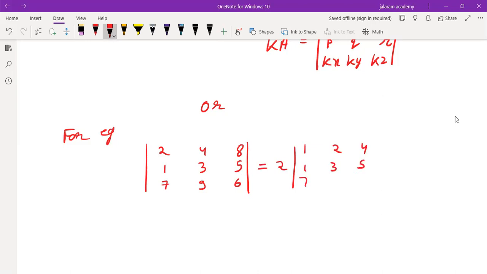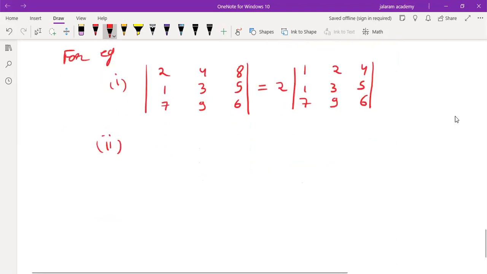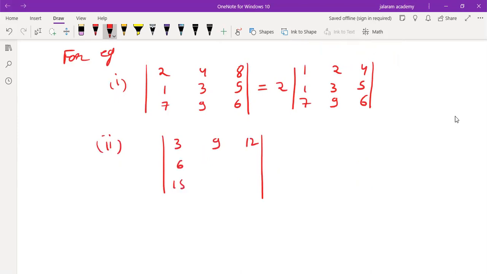Means it will be taken common from any one of the rows. Or if this is 3, 9, 12, 6, 18, 4, 7, 16, 20, now look at this.